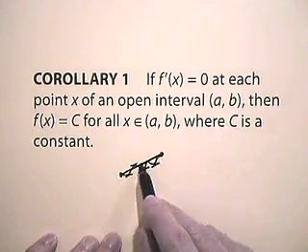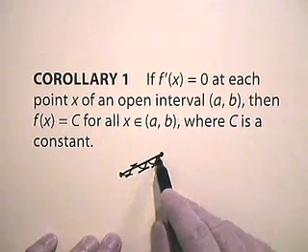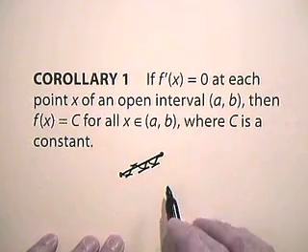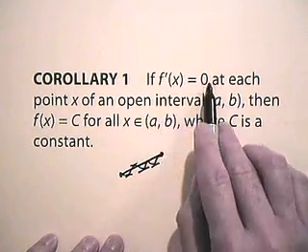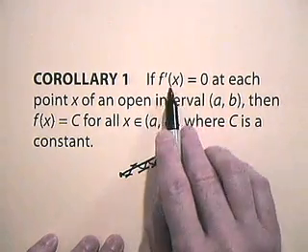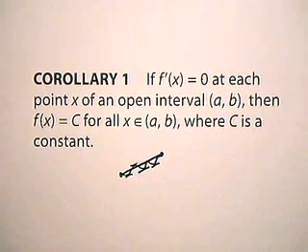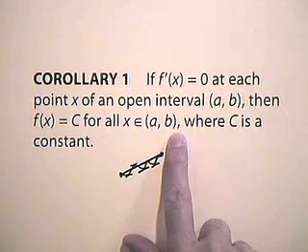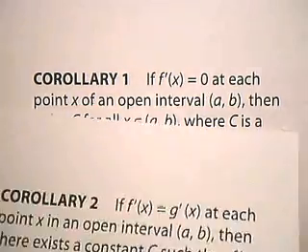But notice if the two endpoints don't have the same height, the slope of that line is not 0. And that would contradict the fact that f prime of x equals 0 at each point in the open interval (a, b). So remember then, for a function on an interval, the only way its derivative can be 0 is for it to actually be constant.